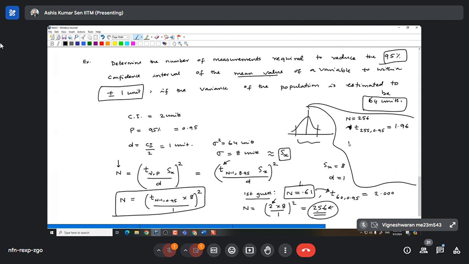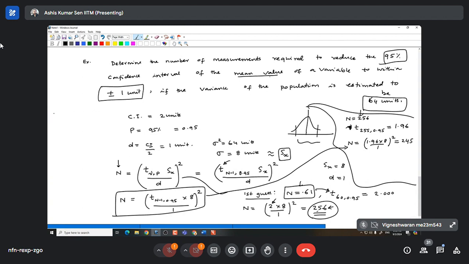Now, if I find n from this formula, then I have t is 1.96 into 8 divided by 1, square. I get n to be 245, which is different than this. So I need to iterate again.